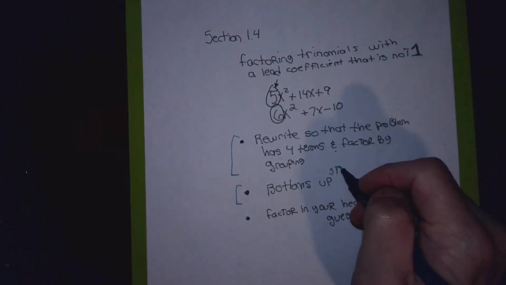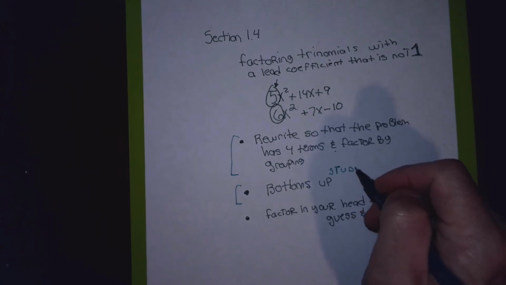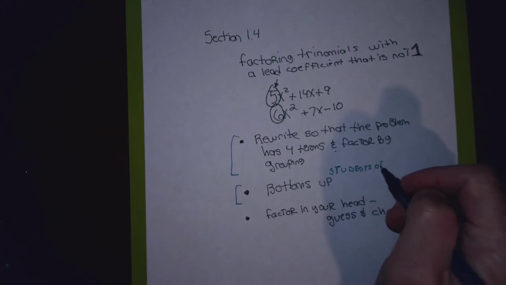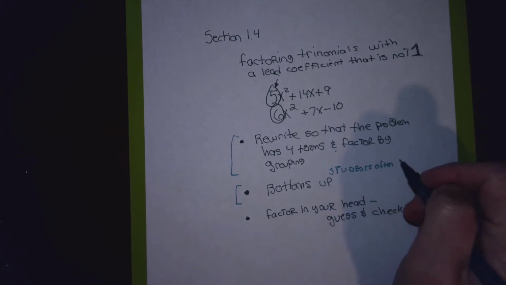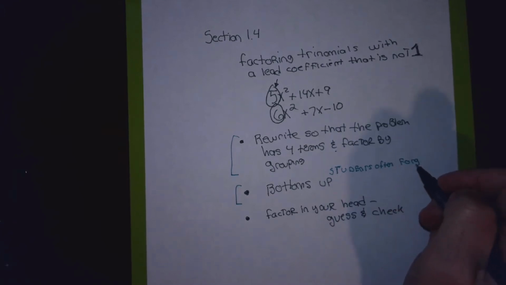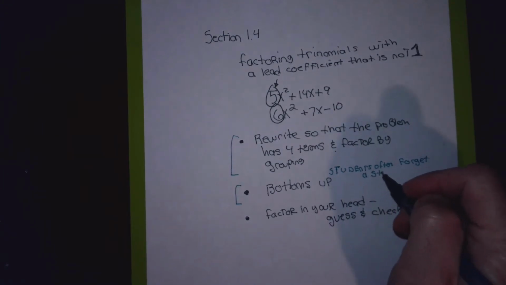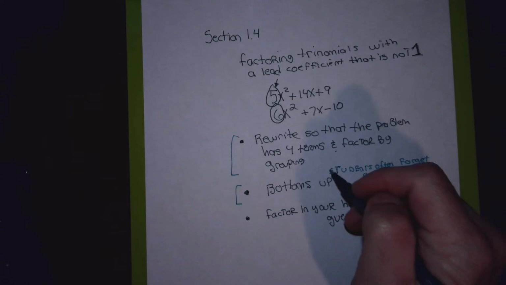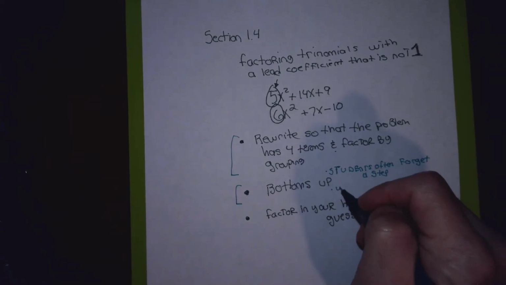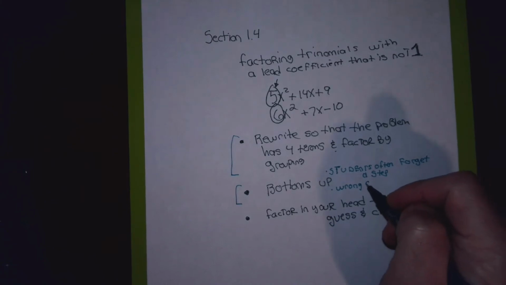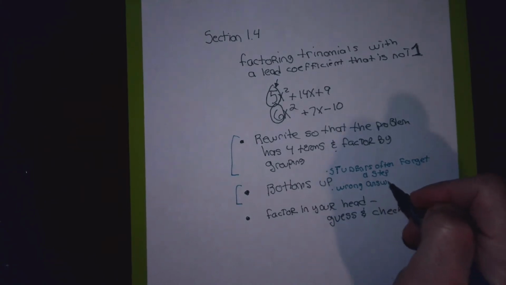So students, from my perspective, because I taught this for 3 or 4 years, often forget a step and get the wrong answer, because you can't really tell that your answer is right if you don't check. And on top of it, if you use the bottoms up method, you get a wrong answer if there's a GCF and you forget to factor it out first.